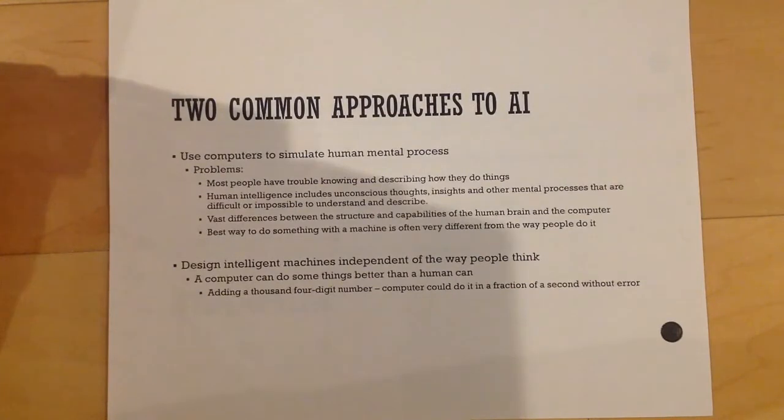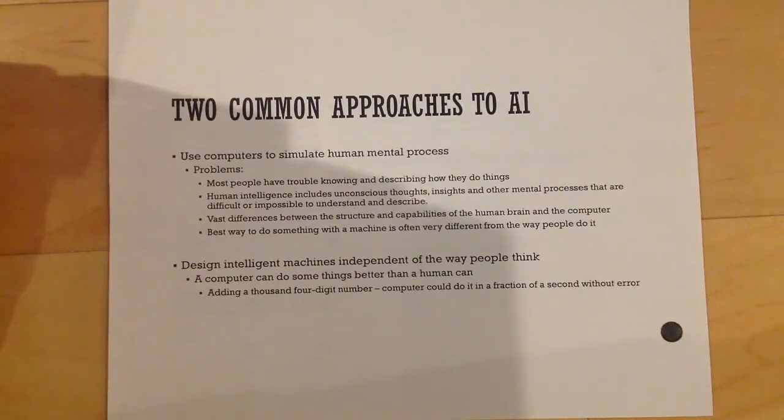And that's kind of what that second one is saying there too. Human intelligence includes unconscious thoughts, insights, and other mental processes. So all stuff that's hard to encode into a computer. There's just a difference in the structure of a human brain versus a computer. The brain isn't exactly a series of transistors and logic gates and everything else.